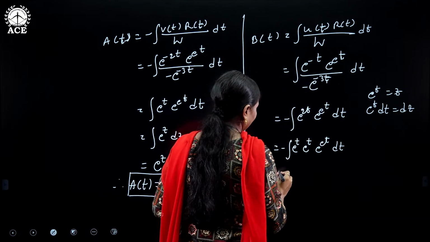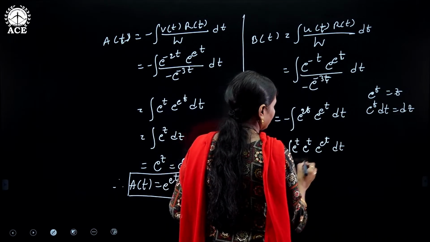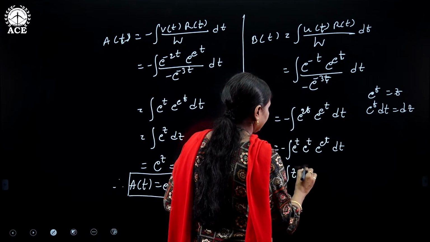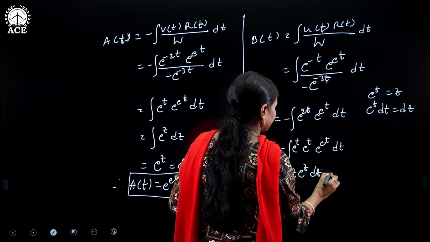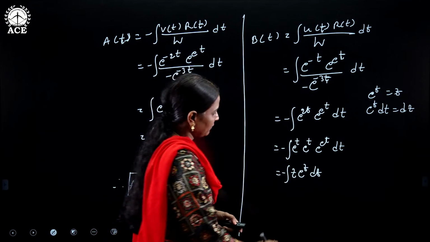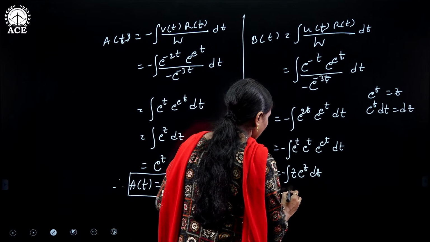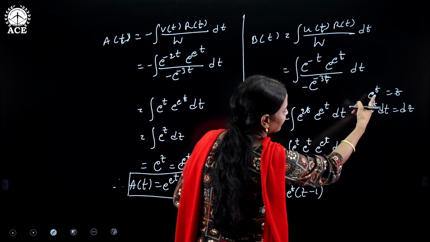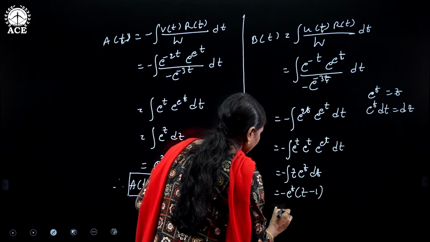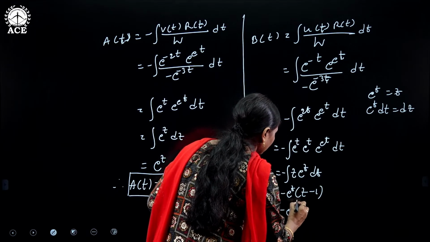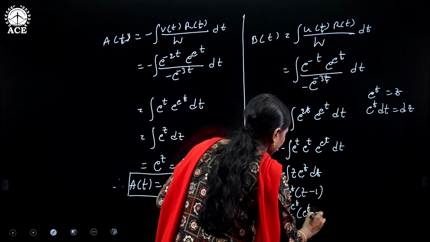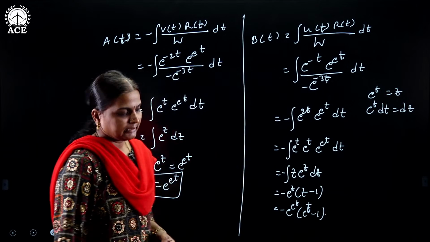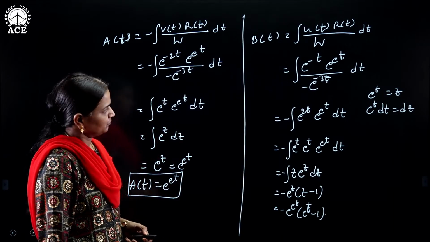Applying that, we get minus z into e power z into dz. What is the integration of z into e power z by integrating by parts? It is minus e power z into z minus 1. But what is the z value? It is e power t, so minus e power t into e power t minus 1. That is the b value.